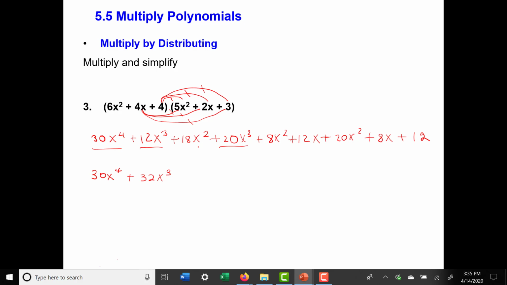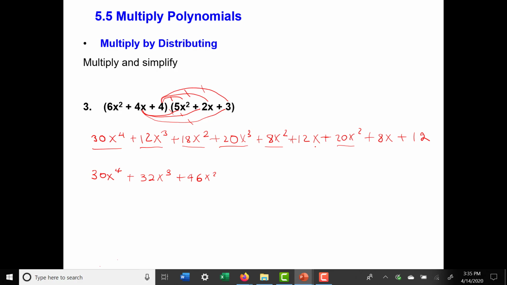The next thing we want to combine is all the terms which have x to the second power. Then 18 plus 8 is 26, 26 plus 20 will be 46x to the second.